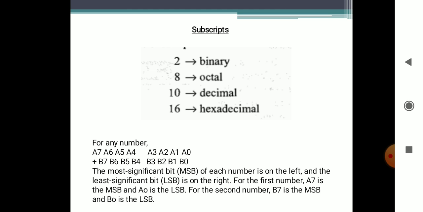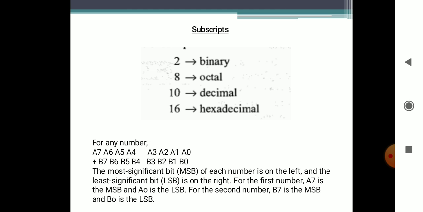Here the most significant bit, denoted as MSB, of each number is on the left, and the least significant bit, denoted as LSB, is on the right.